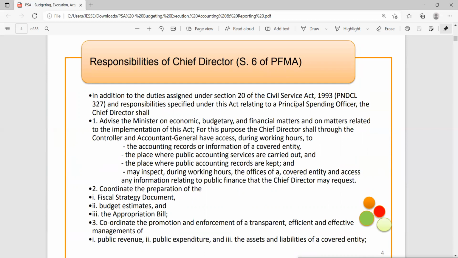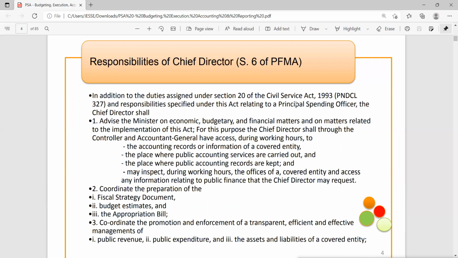For this reason, the chief director shall, through the controller and accountant general, have access during working hours to the accounting records, to the place where the public accounting services are carried out, the place where the accounting records are kept, and may inspect the offices of a covered entity and assess any information relating to public finance, right?